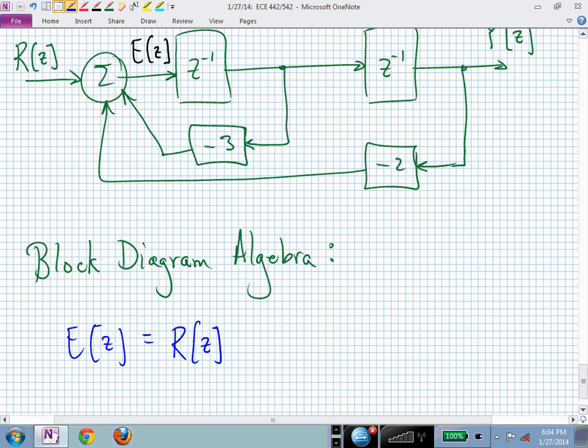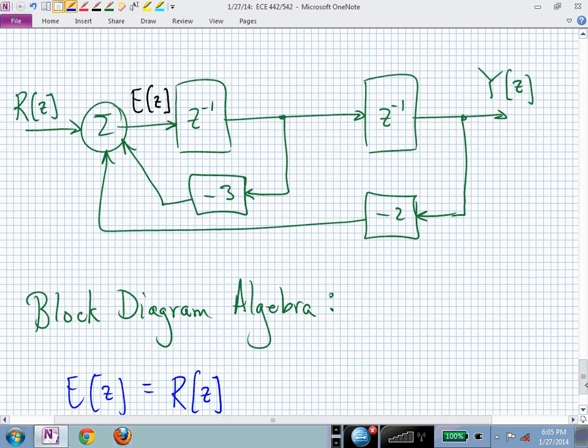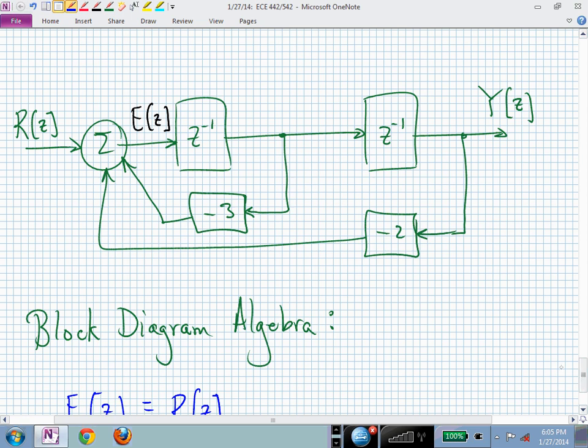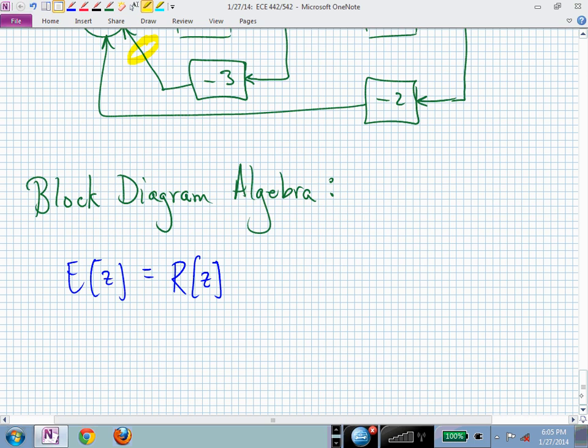Where were we? Oh, we need to come back. Now I want to express that signal. Well, that signal is, if I follow my path back, minus 3 z to the minus 1 E of z. So that highlighted yellow signal is now minus 3 z to the minus 1 E of z.